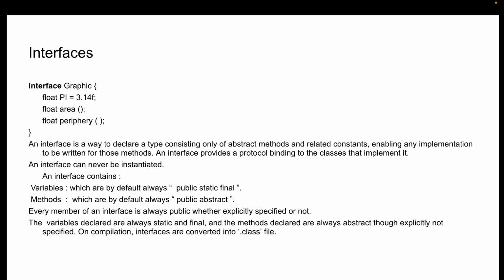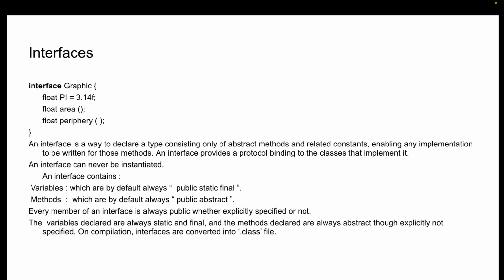Now there is another topic which is called interfaces. In Java we have another concept which is interfaces. So when do we use interfaces? An interface is used when all the methods are abstract.